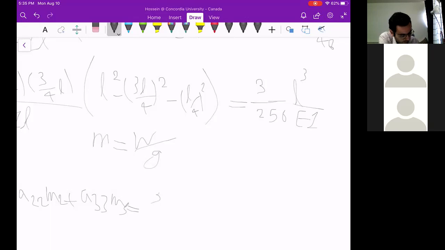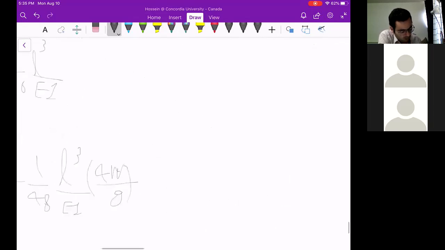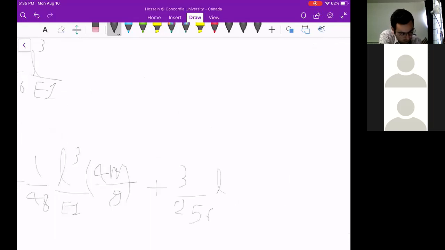So 3 over 256 L cube over EI times W over G, plus 1 over 48 L cube over EI times 4W over G, which is M2, plus 3 over 256 L cube over EI, and M3 is W over G where W is 2W for the last mass.